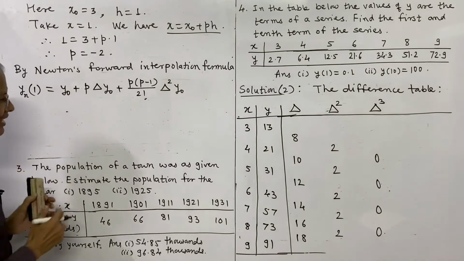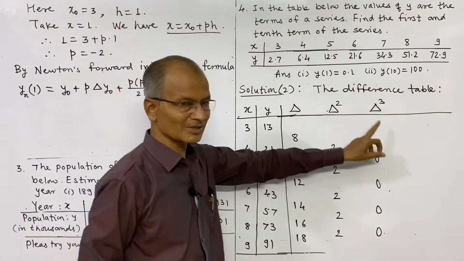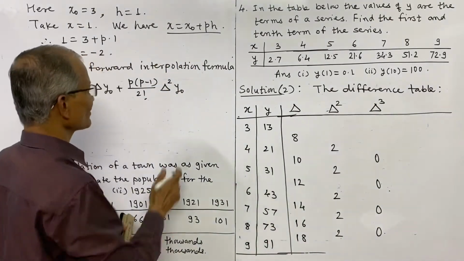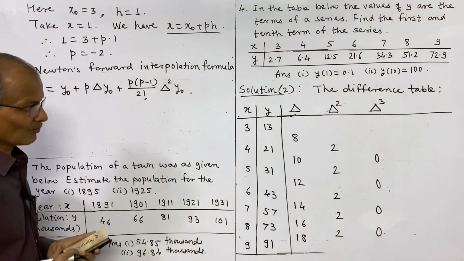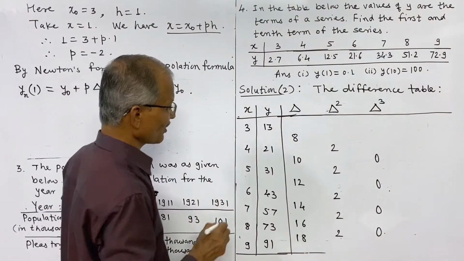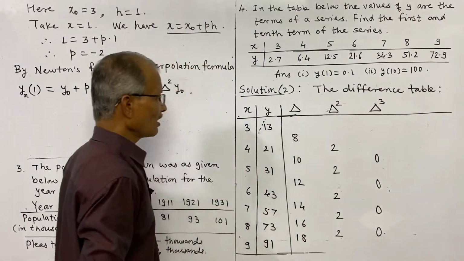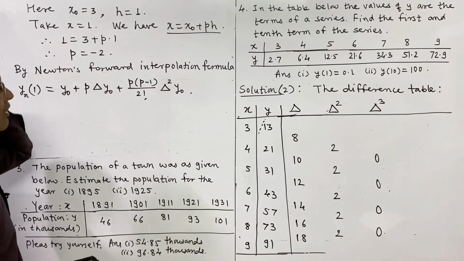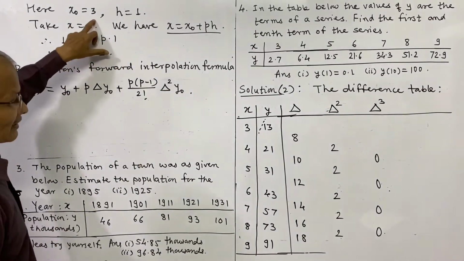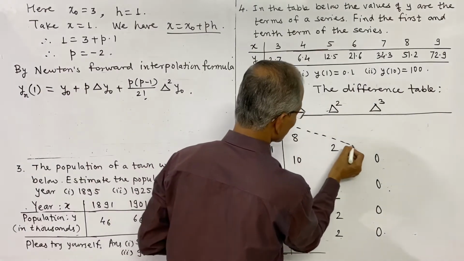But that actually need not be written, because delta cube becomes 0. So only these terms are sufficient to write, and since we are using the forward difference formula, we have to use these values. X naught is 3, and the values from y naught are to be used.